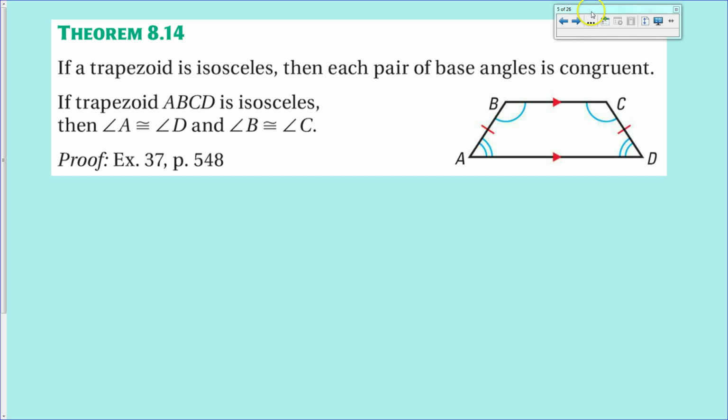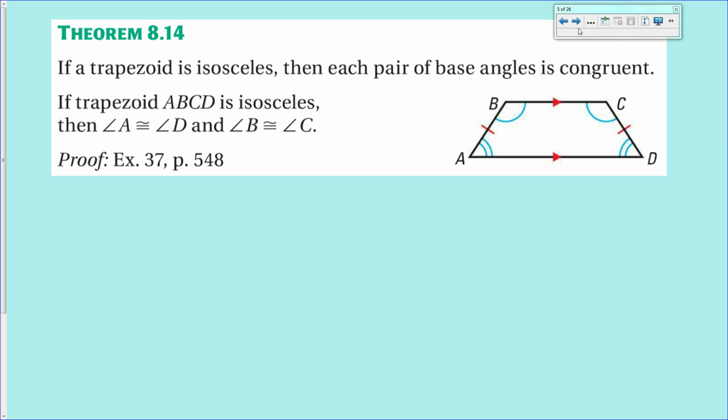Next, as you can guess, we have a number of theorems. The first one is about an isosceles trapezoid. So basically it says that if you have an isosceles trapezoid, that is that the legs are congruent, then the base angles are also congruent. So the two angles that touch the same base are congruent to each other, and the two angles up here that touch the same base are congruent to each other.